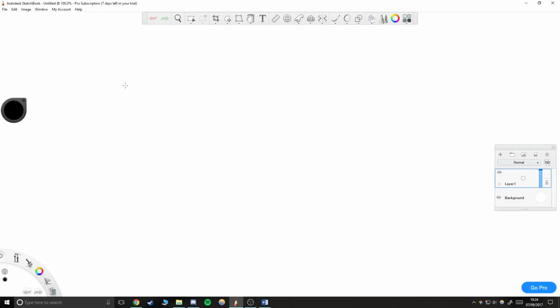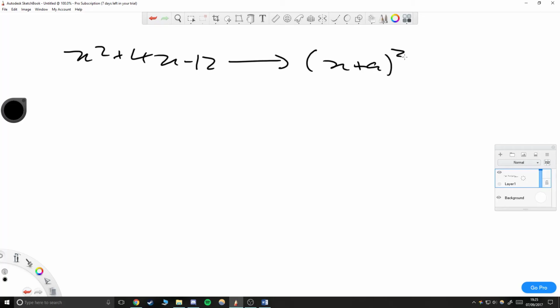Let's try another example. This time we'll have the quadratic equation x squared plus 4x minus 12, and that needs to be put into the form x plus a all squared plus or minus b. Again, we'll just take the first two thirds of the quadratic equation, halve the middle number and put it into the brackets.